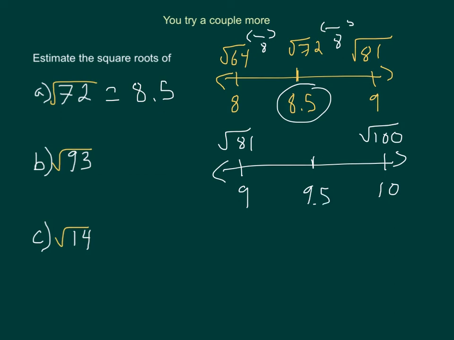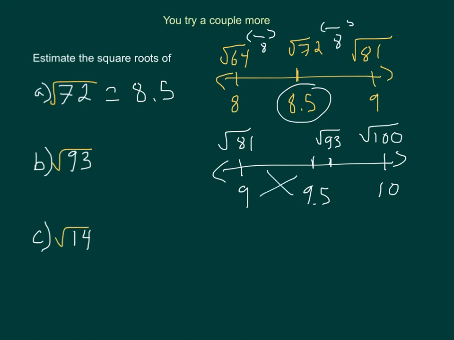We ask ourselves, 93 is closer to which number? Well, when we look at it, it's actually going to be closer to 100. So we're going to place it somewhere in here. And when we look at it, we say, okay, you know what? It's really not that close to 100 for it to be a 9.9 or 9.8, but it's not super close over here either, so we can already get rid of this area.